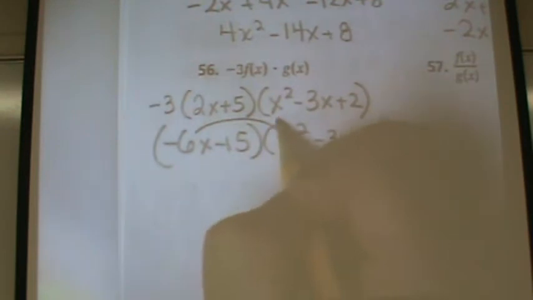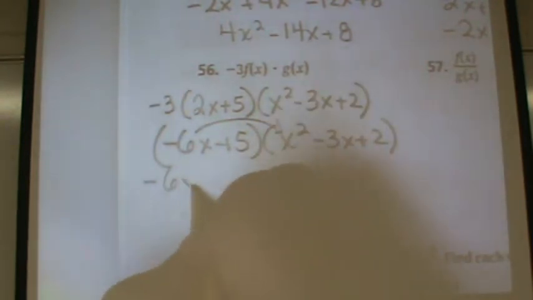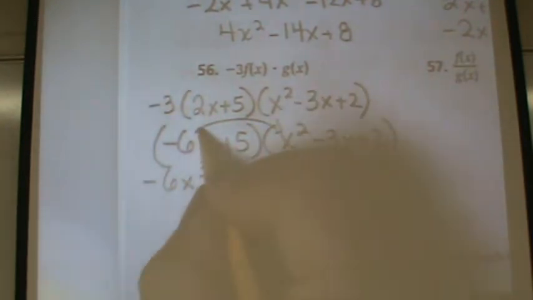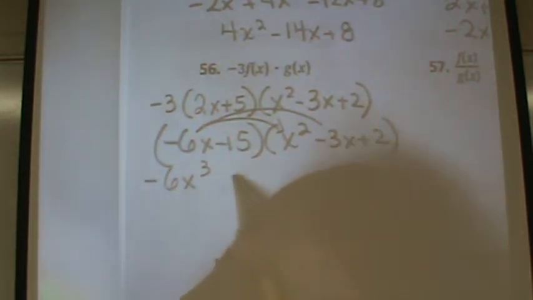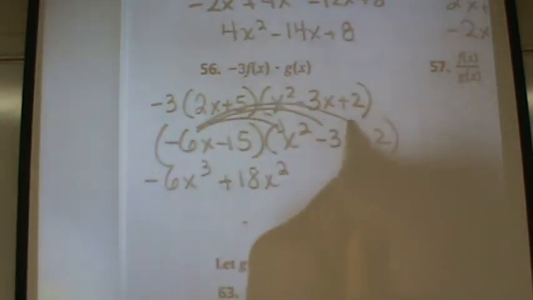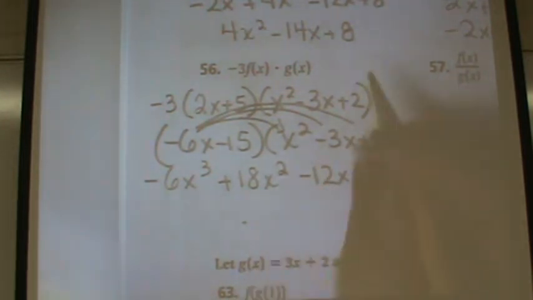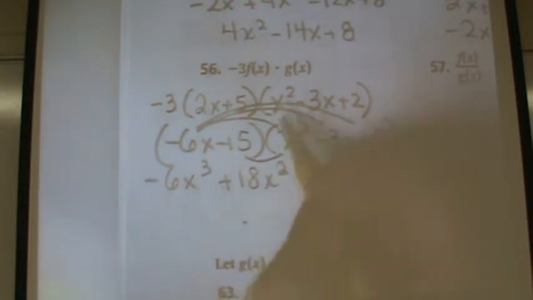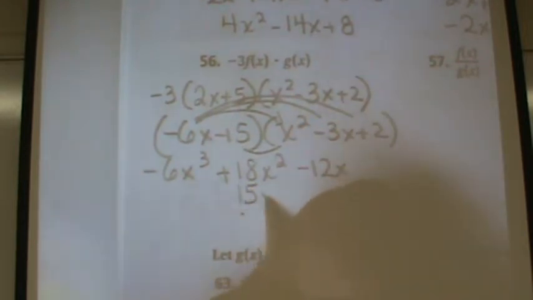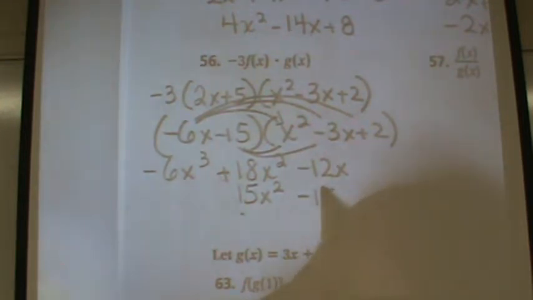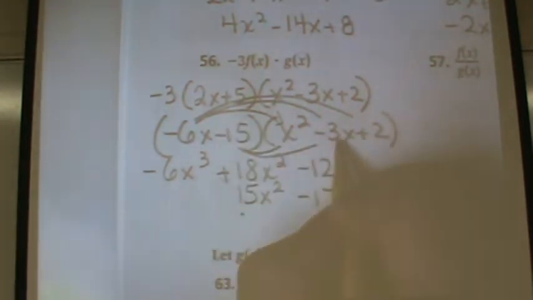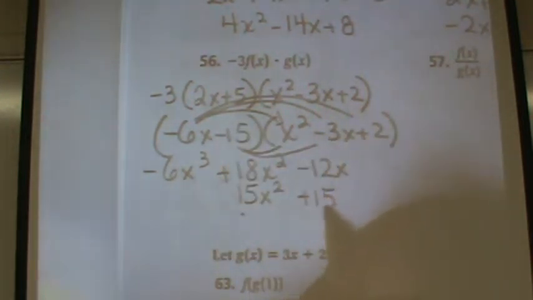Negative 6 times x squared is negative 6x cubed. Negative 6x times negative 3x is 18x squared. And negative 6x times 2, negative 12x. Then I'm going to do the second term. 15 times x squared, 15x squared, minus, a negative times a negative is a positive, and 5 times 2 is 10.